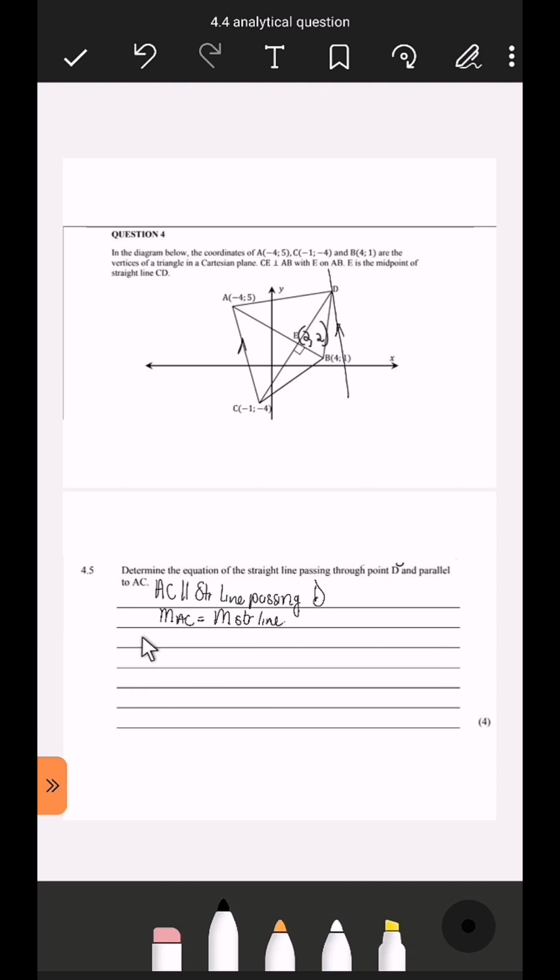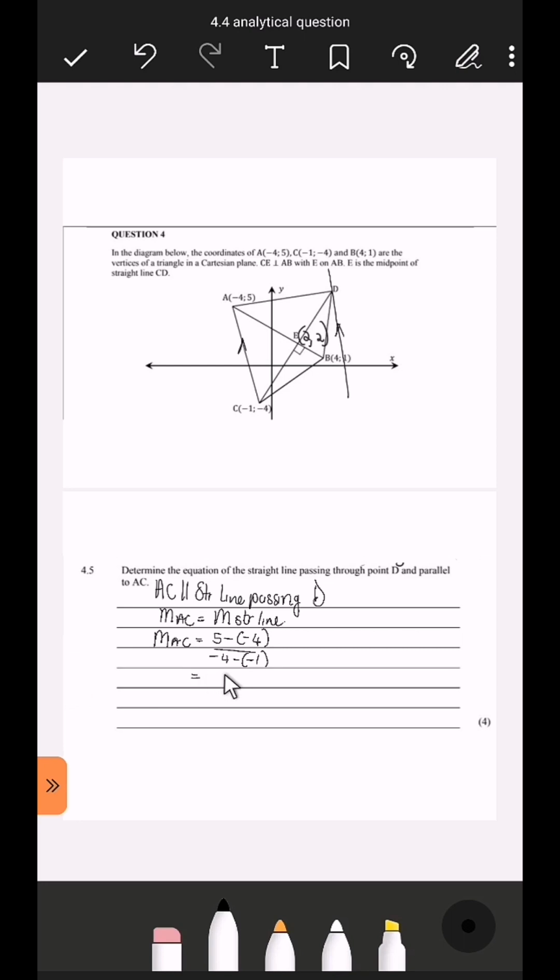Okay, so what we have is that we can calculate the gradient of AC using the coordinates that we have. So we're going to say the coordinates of A and the coordinates of C. You're going to say 5 minus 4 divided by -4 minus 1.